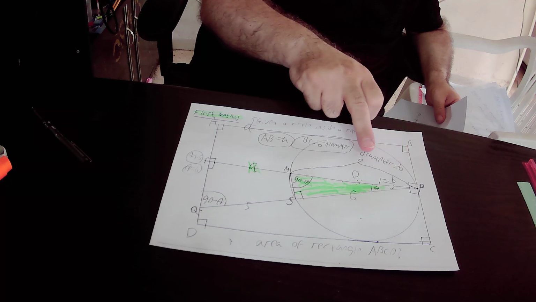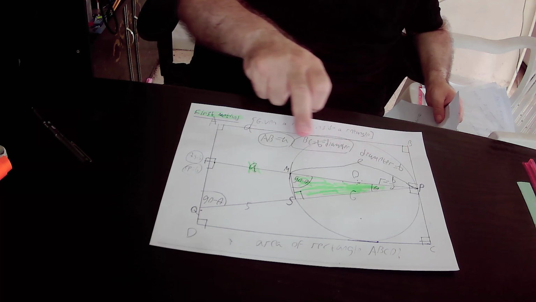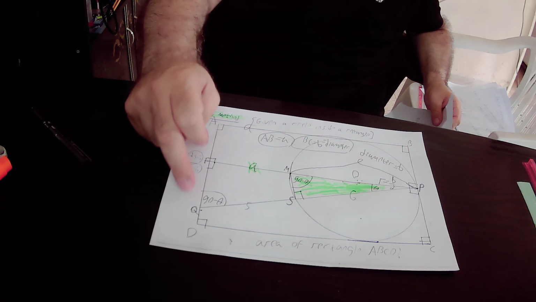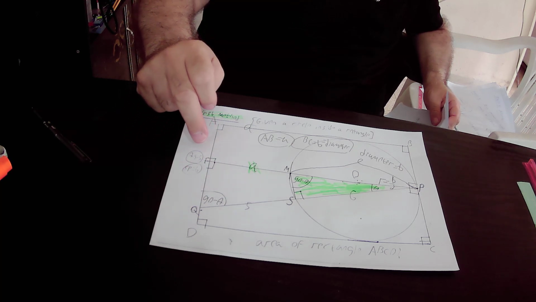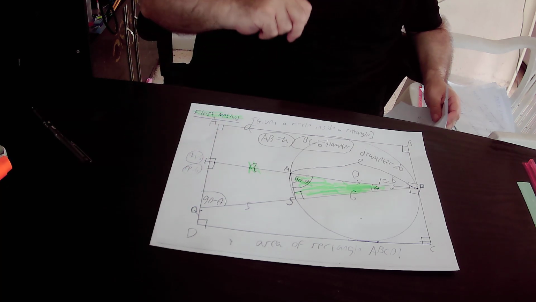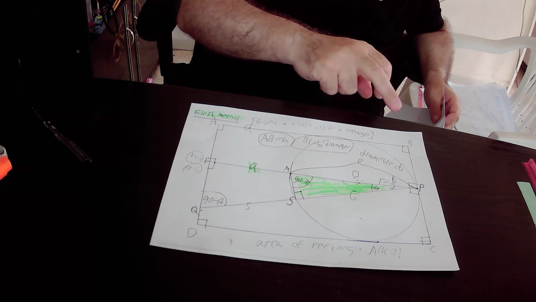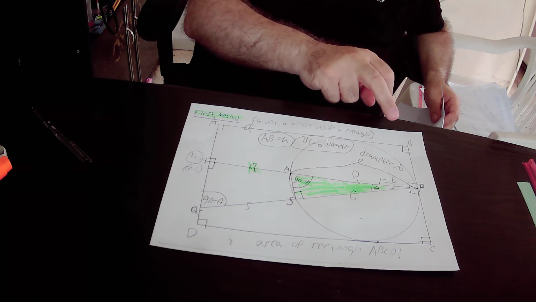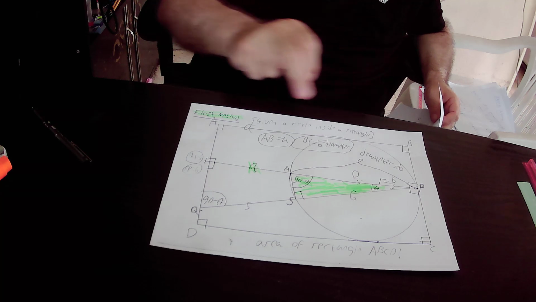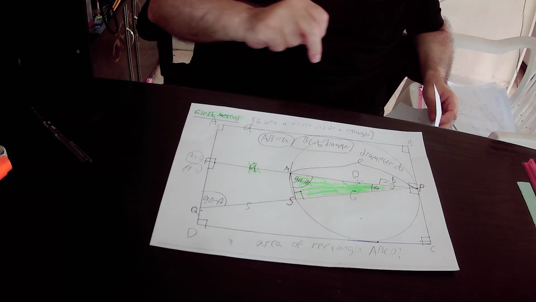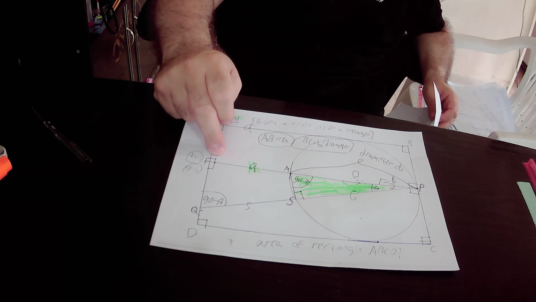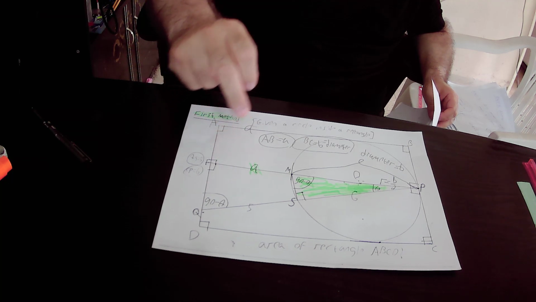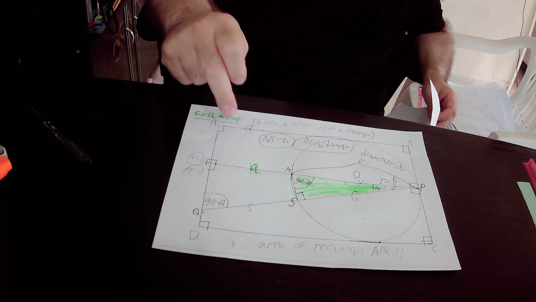We extended the radius PO until it intersects side AD of the rectangle at point F. In quadrangle ABPF, we have 1, 2, 3 right angles, therefore the fourth angle must also equal 90 degrees. So quadrangle ABPF is a rectangle.